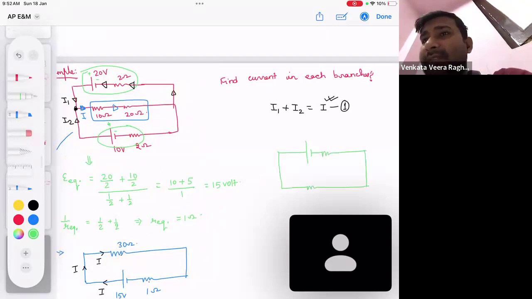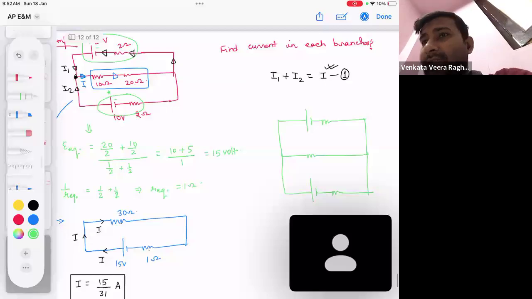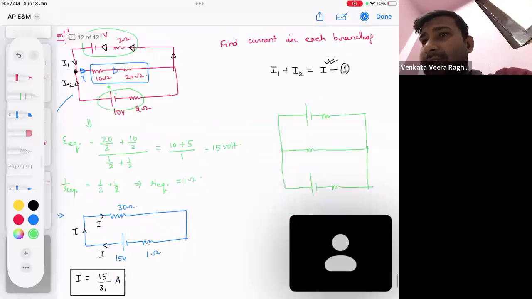Tell me, this 10 and 20, can I replace it by a single one? Yes, sir. Please tell me, is it my circuit? My circuit is 20 volt, 2 ohm, 10 and 20 is 30 we have. This is 10 volt, this is 2 ohm, right?